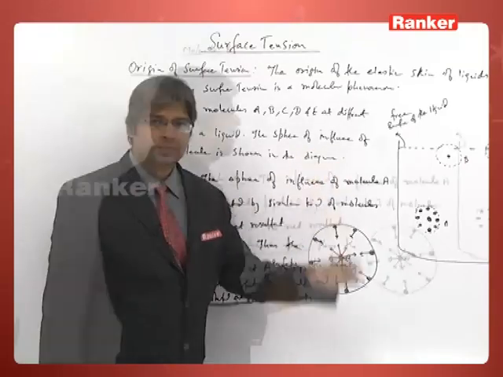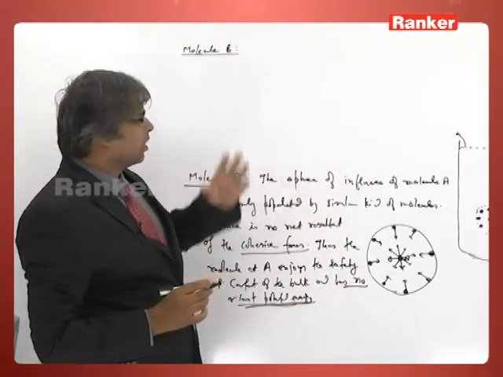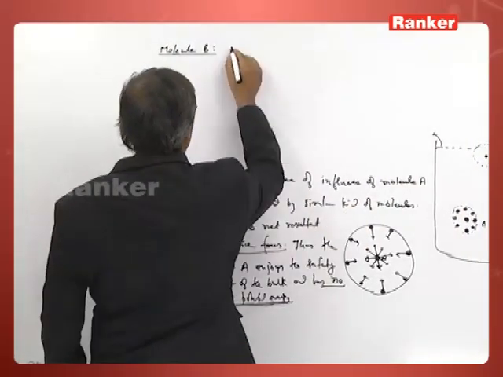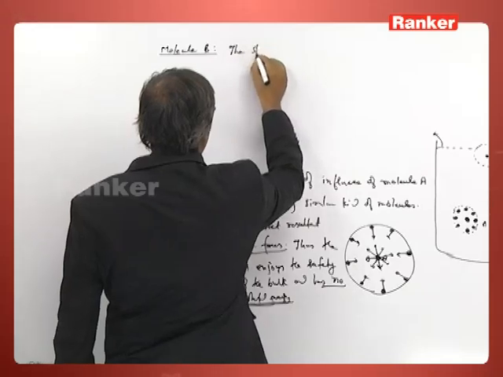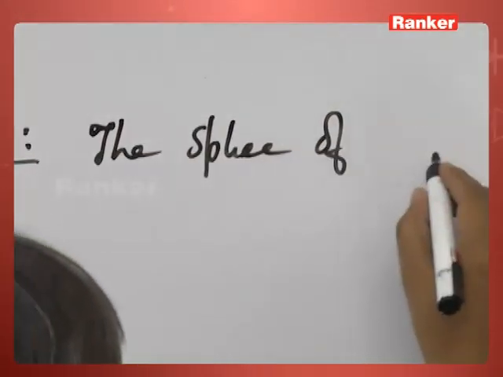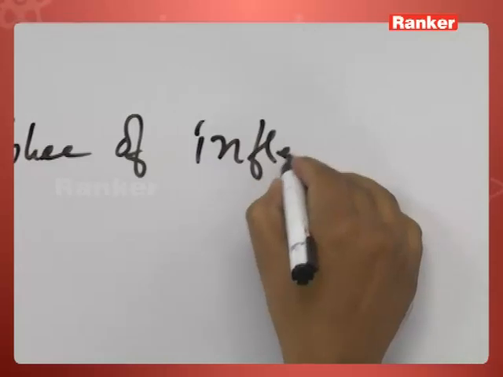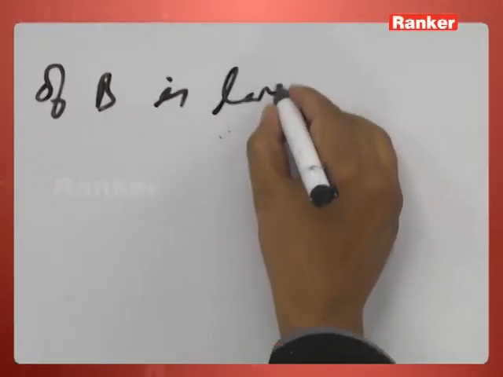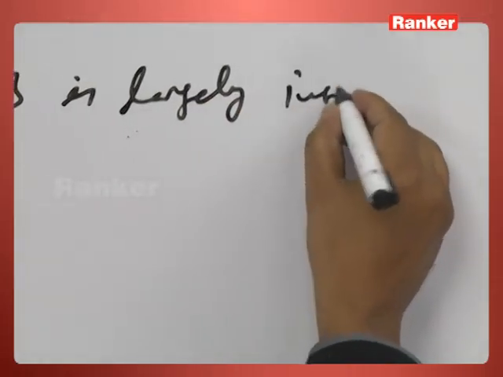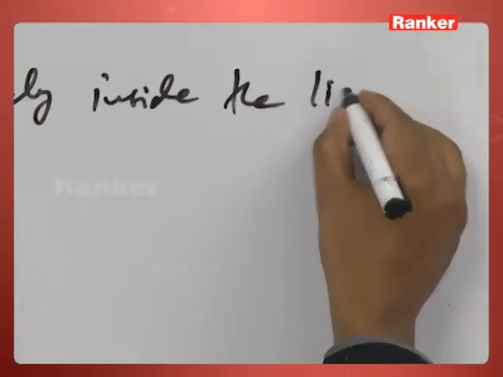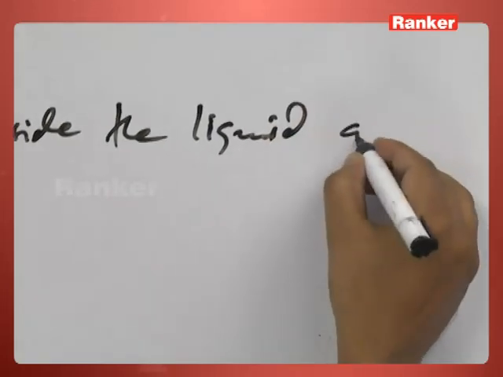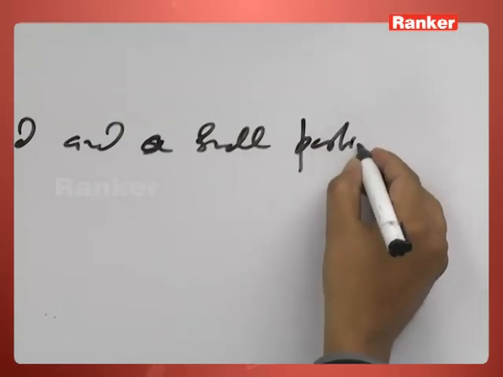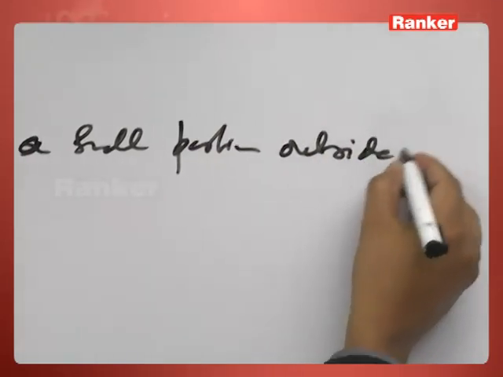Now, come to B. Now, the case of the molecule at B. Now, the sphere of influence of B is largely inside the liquid and a small portion outside the liquid.